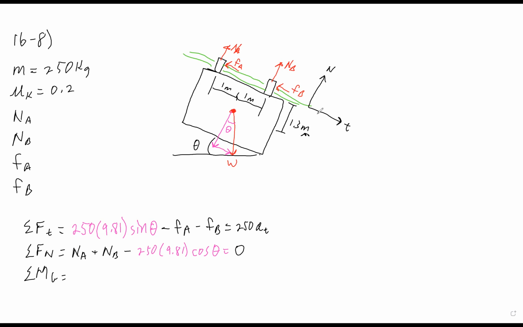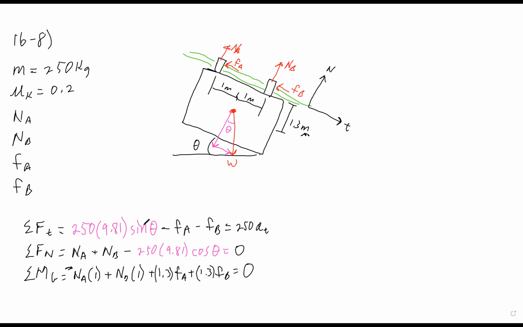So the moment for the normal force of A is the normal of A times 1 meter, plus the normal of B also times 1 meter, plus 1.3 meters times the frictional force of A, plus 1.3 meters times the frictional force of B. And there will be no rotation, so 0. But double check: the normal force of A is going clockwise, so negative. Normal force of B is going counterclockwise, so positive is good. The frictional force of A is going counterclockwise, so positive is good. And the frictional force of B is going counterclockwise, so positive is good.